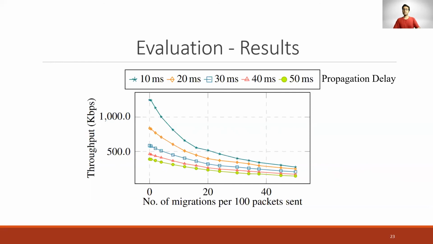As you'll notice, the performance penalty becomes less severe as propagation delay increases. For example, for a round-trip time of 50 milliseconds, only 10% penalty for a migration frequency of 4, essentially migrating every 25 packets. We believe that 50 milliseconds is a realistic propagation delay, and migrating every 25 packets should be enough to beat most attacks.